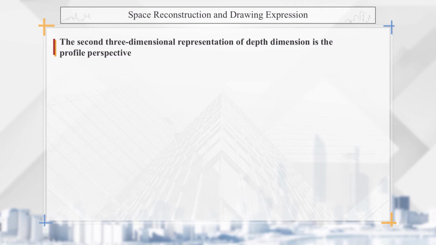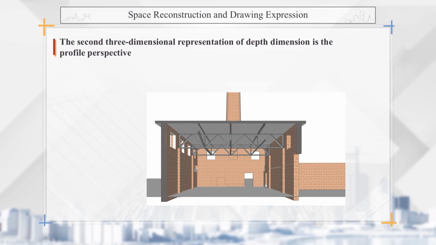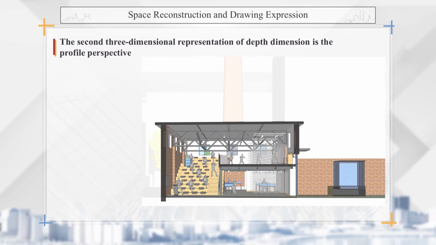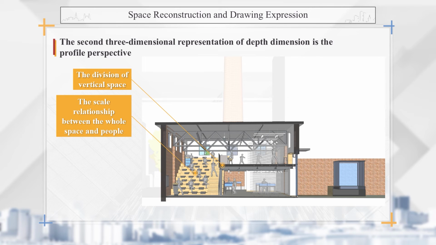The second three-dimensional representation is the section perspective. In the figure, the section perspective before reuse is first drawn, and then the expression of space reconstruction is carried out. Not only can we see the division of vertical space, but also the scale relationship between the whole space and the people.